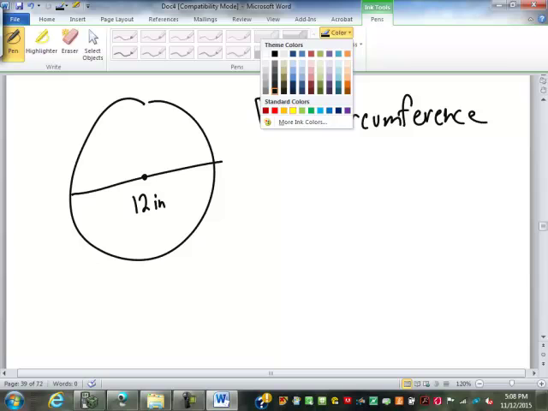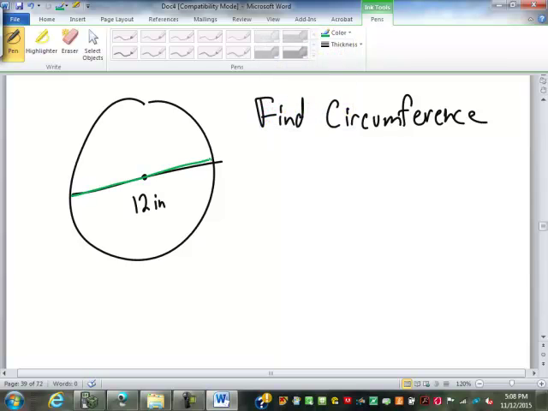Okay, so now I gave you the 12 inches is the diameter across here. Now note, what did I ask you to find? Circumference. Circumference is the distance around, and the formula, you've got it, is pi times diameter.